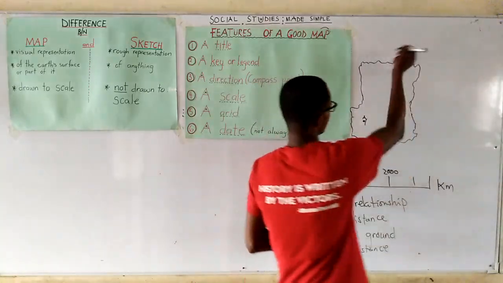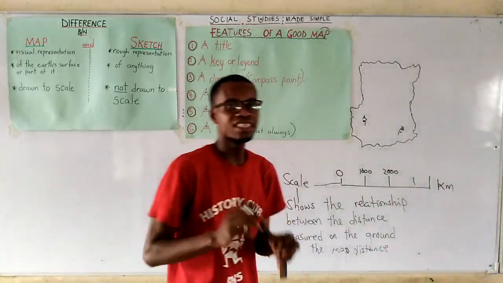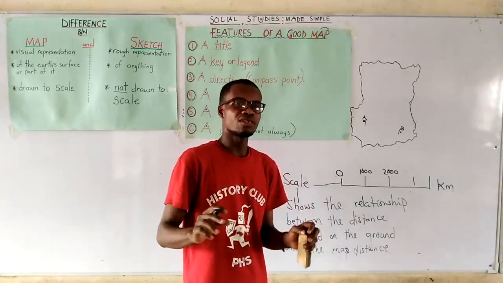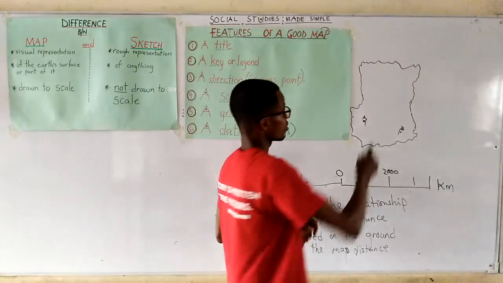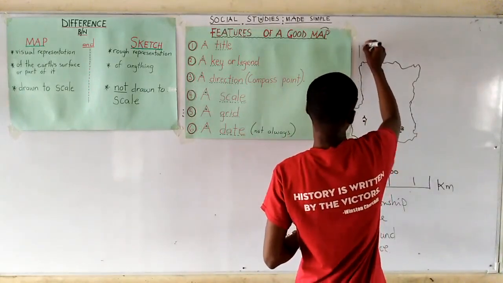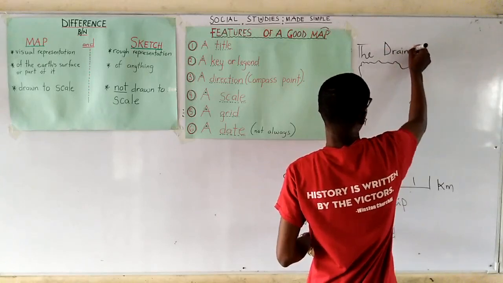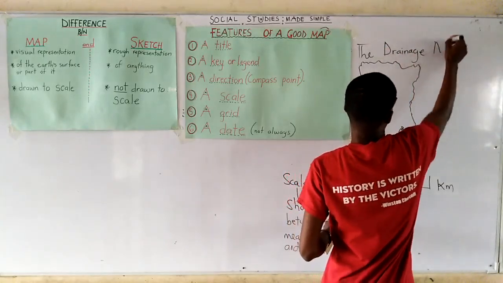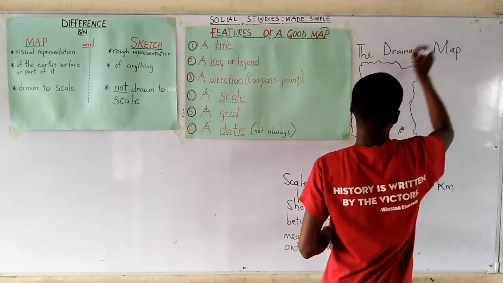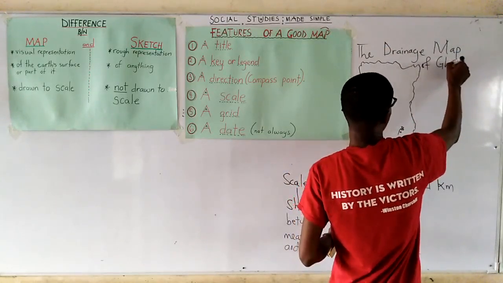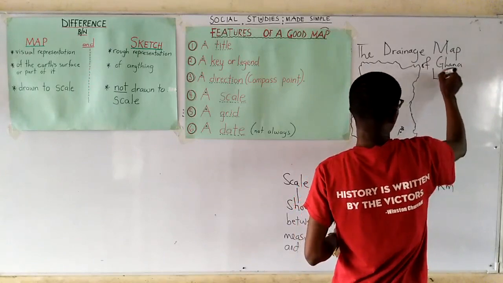So let me just indicate it. I'll use the drainage map of Ghana. A drainage map will show water bodies. So this becomes the title.